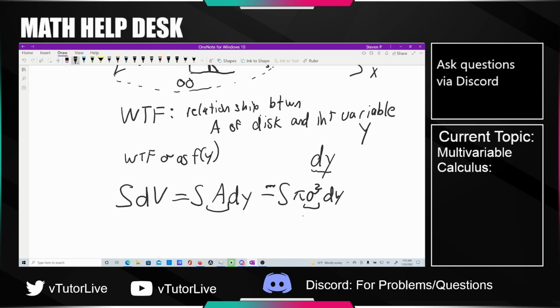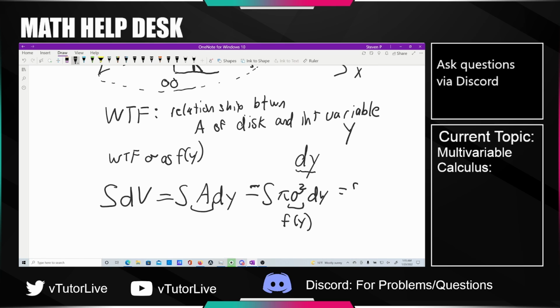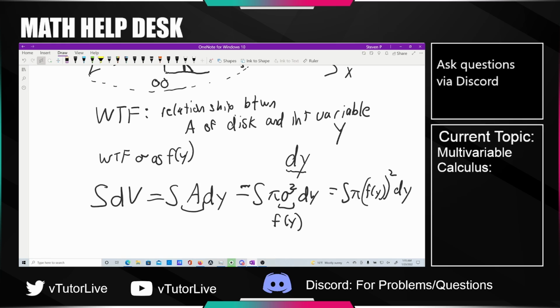Right now, it's just a name. I need to express this as a function of y. And then once I can actually express it as a function of y and square that, I can integrate that with respect to dy, and then we're done. You see that? So this entire problem boils down to whether I can express sigma as a function of y.